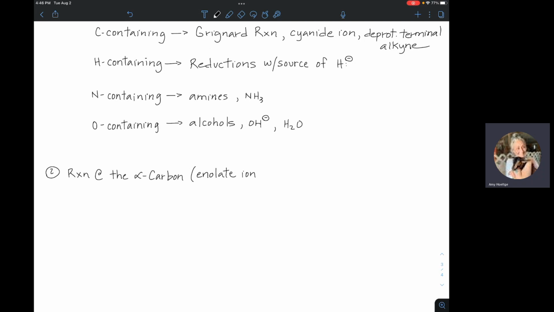So I'm going to introduce something called the enolate ion. And what we get to see is an aldehyde or a ketone can react with another aldehyde or a ketone if we deprotonate the alpha carbon of one of them, create an enolate ion, which now will act as a nucleophile, attacking the other aldehyde or ketone.